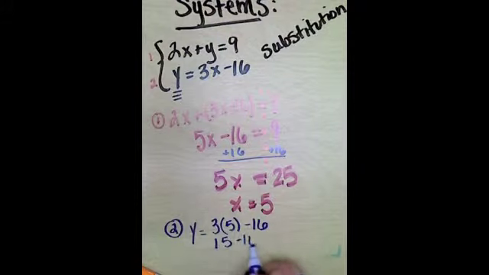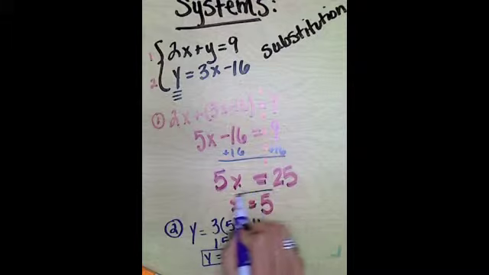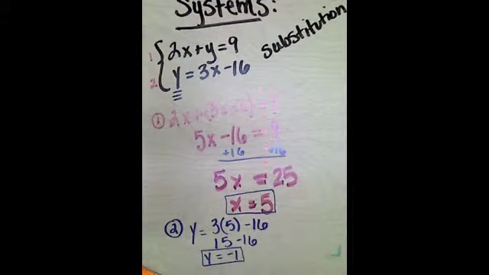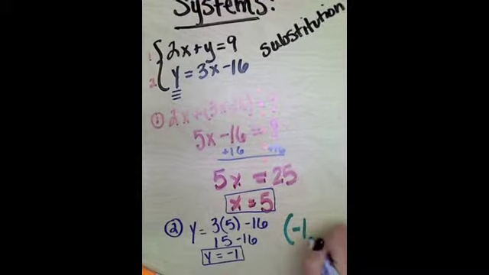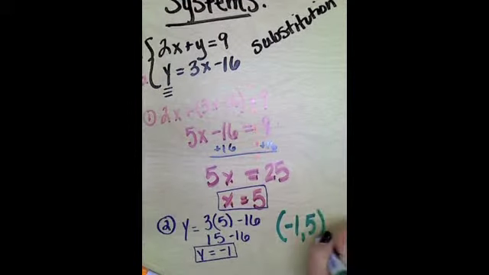Simplify, and we find y to equal negative 1. So we have y equals negative 1, x equals 5, and when we write the solution for our system, the solution would be written as negative 1, comma 5.